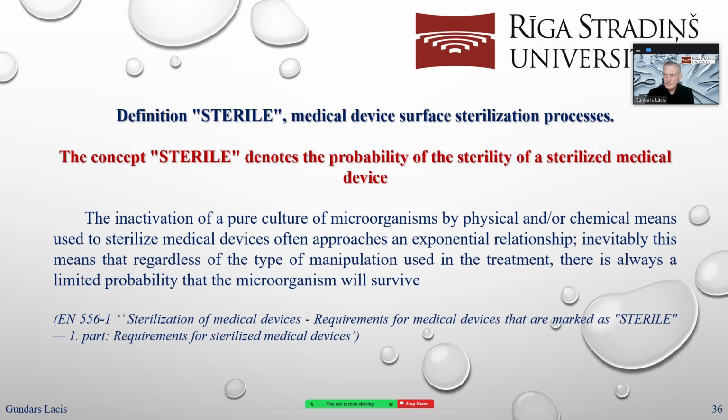It's impossible to say that all of them are destroyed. Even if Dan Brown said everything is possible, in this case it's impossible. There is always some possibility that some microorganism is still alive.